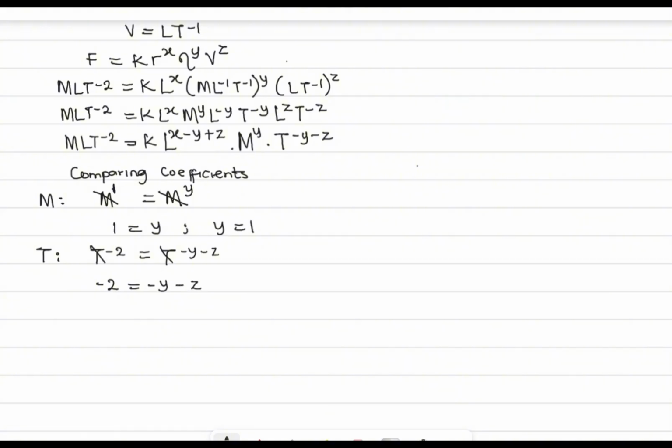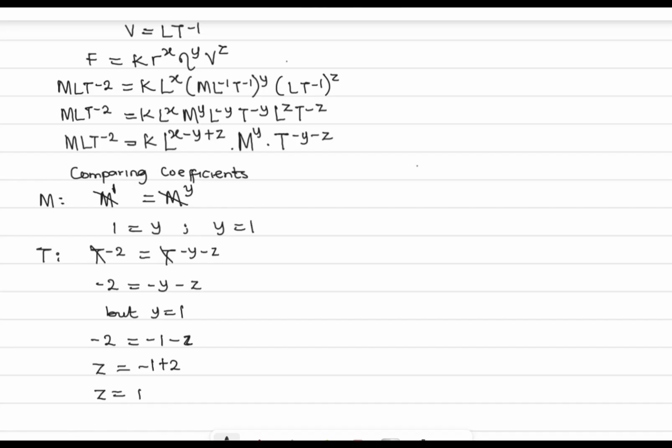But y is equal to 1 when we compared M. So that would be minus 2 being equal to minus 1 minus z. Transferring z to the other side of the equation will give us positive z, and transferring 2 to the other side will give us minus 1 plus 2. So we realize that z actually is equal to 1.